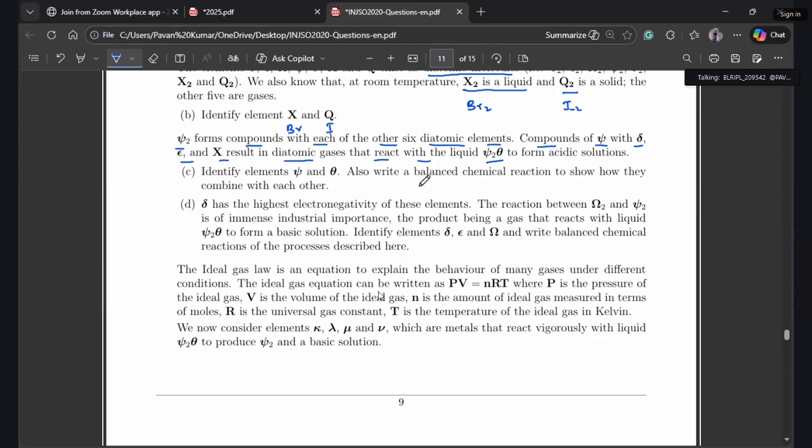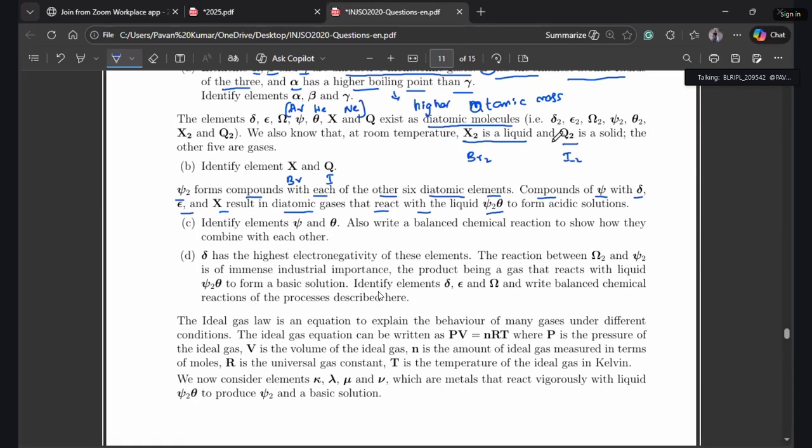What is the inner meaning here? XY2 forms compounds with each of the other 6 diatomic molecules. So what are the other 6 diatomic molecules? This is XY2, and it reacts with this and this and this and this and this one and this one also.